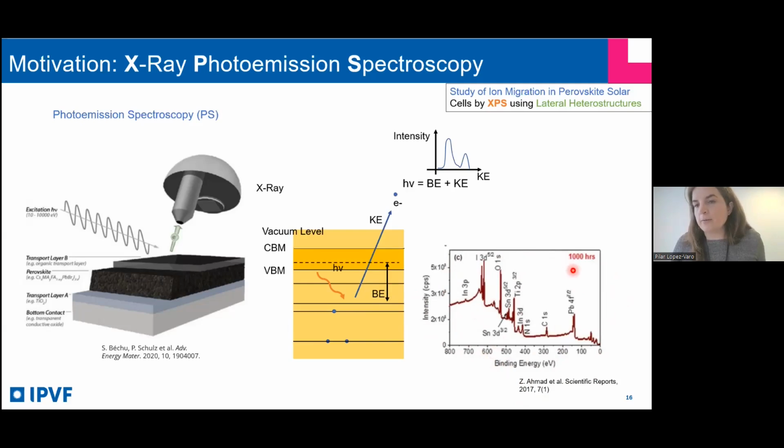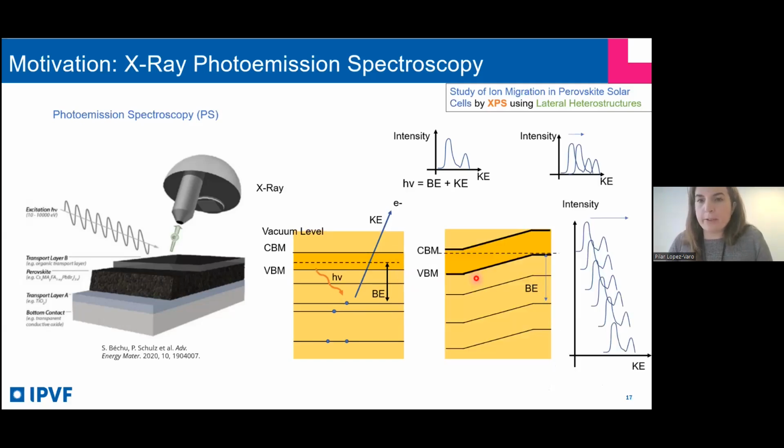This is for a perovskite that has been degraded, so we can see oxygen, lead, iodine, and these are some of the peaks. The iodine peak is quite interesting because we can receive a high intensity. So with this technique, we can know the binding energy, and so we can have electronic information and also chemical information.